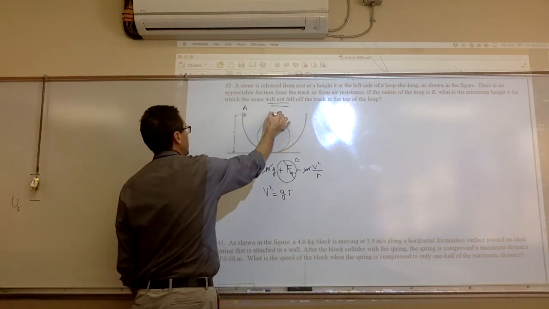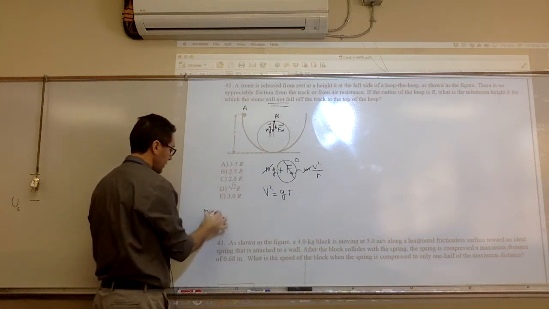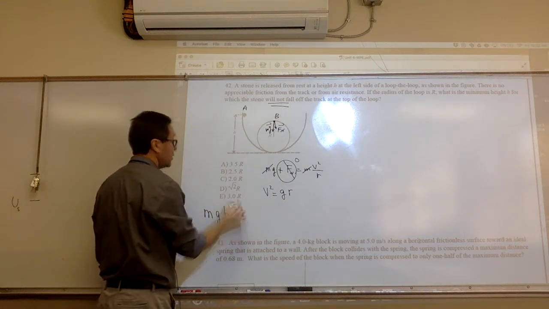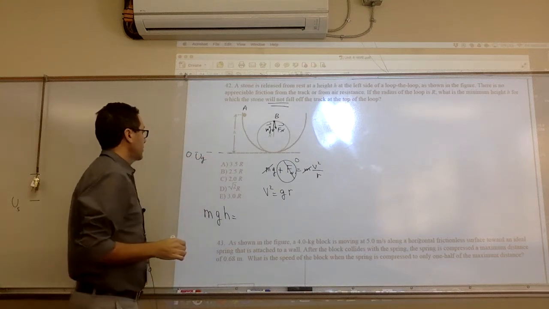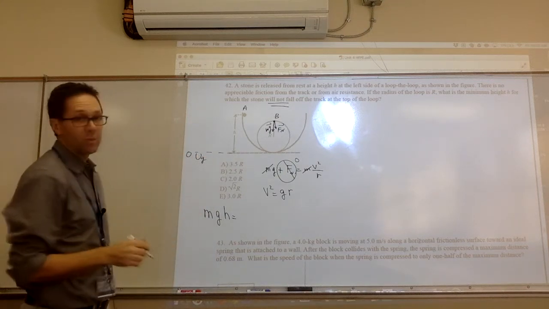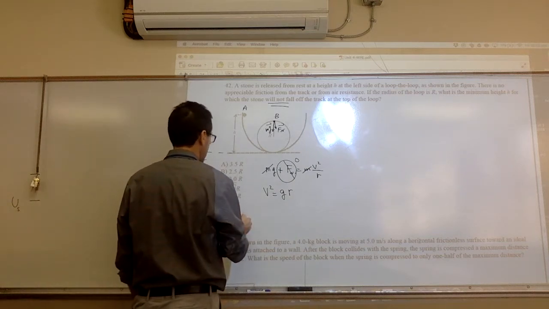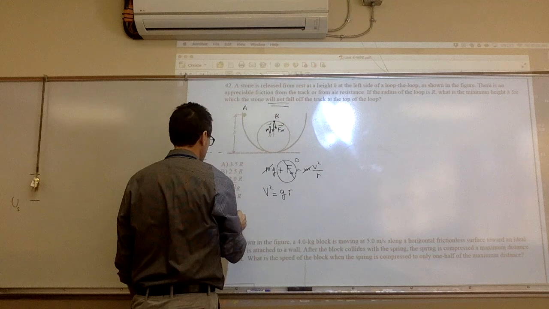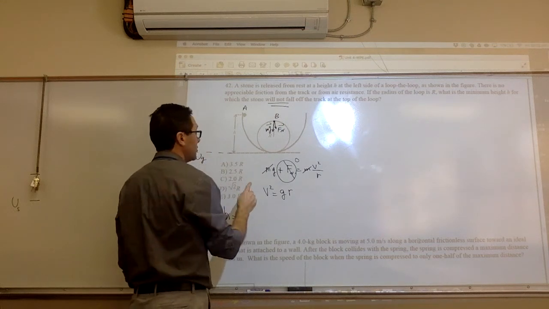I'll call this A and B. At point A, I have mgh basically. That's all I have, gravitational potential energy, if I consider this point here as 0 gravitational potential energy, that's my reference point. It equals, when I'm up here, I have to deal with kinetic energy and gravitational potential energy.